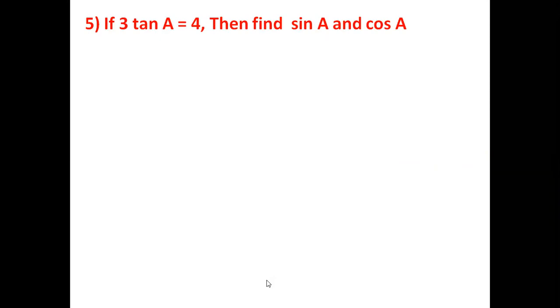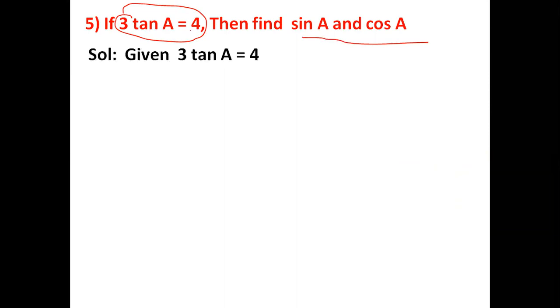Here given fifth one, if 3 into tan A is equal to 4, then find sin A and cos A. Here what is given? 3 into tan A is equal to 4.